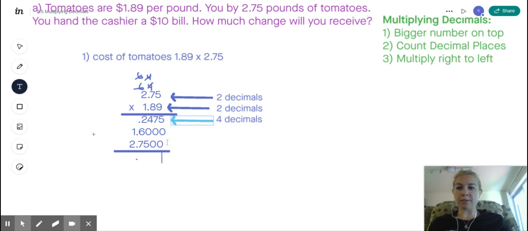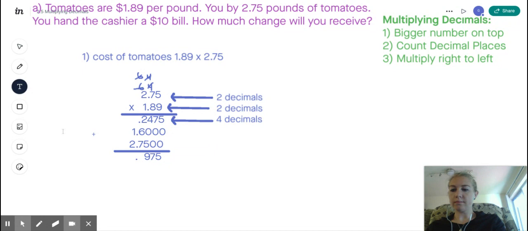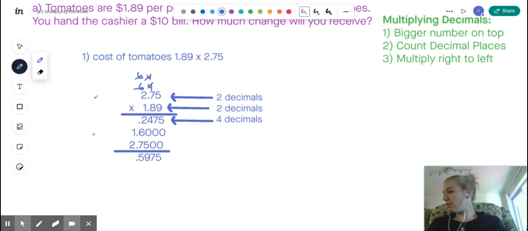So 5 plus 0 is 5. 7 plus 0 is 7. 4 plus 5 is 9. And then 2 plus 6 is 8, plus 7 more is 15. So my 5 is going to go below, and then I'm going to carry a 1.